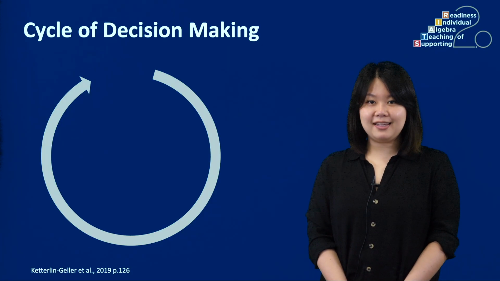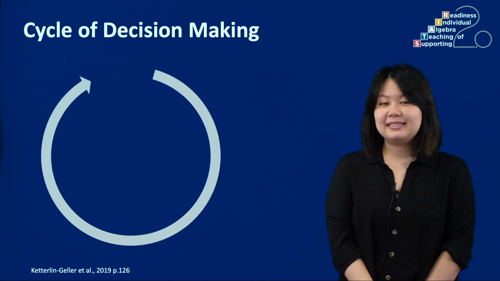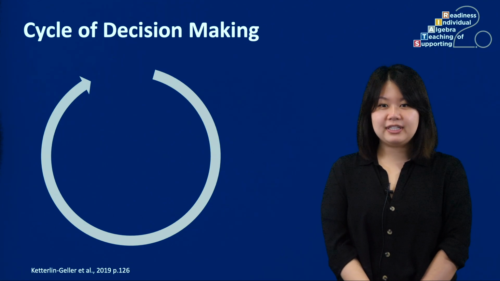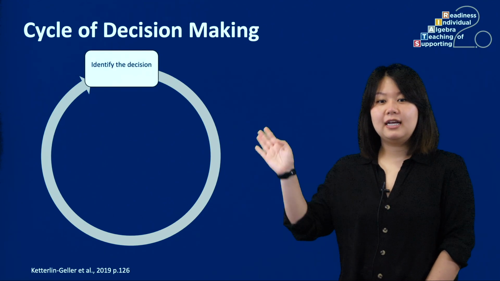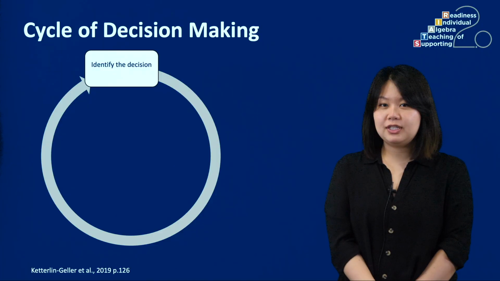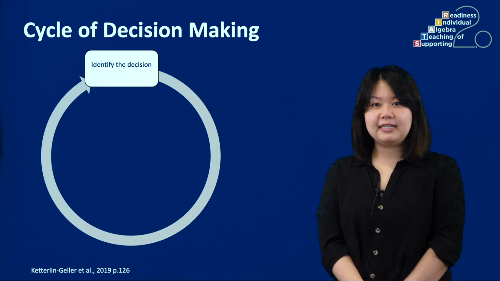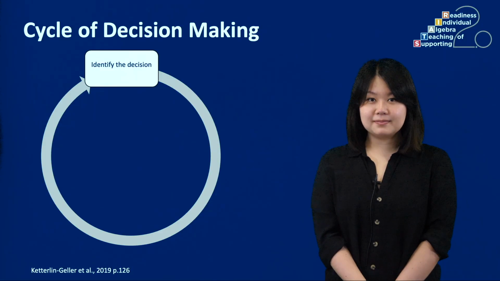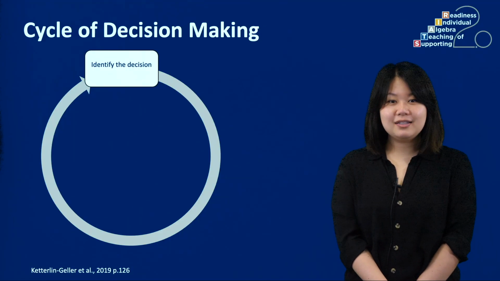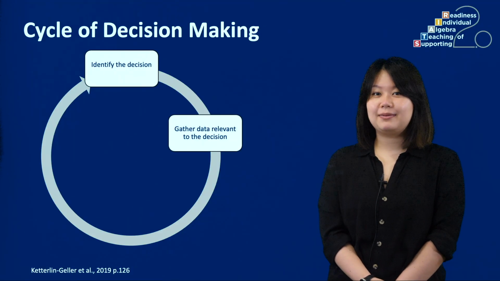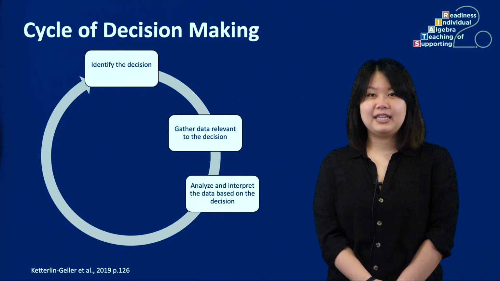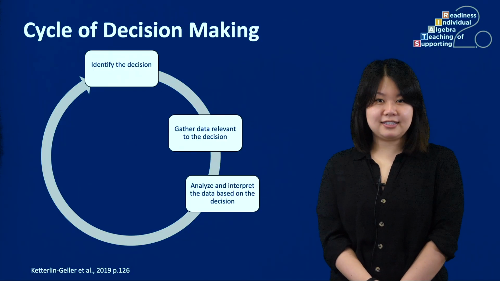So thinking about this decision-making cycle as it relates to intervention, we might first make a decision to implement that intervention or provide support to students based on their universal screening data. Then we need to gather data relevant to that decision through progress monitoring. And next, we can analyze and interpret that data based on the decision.